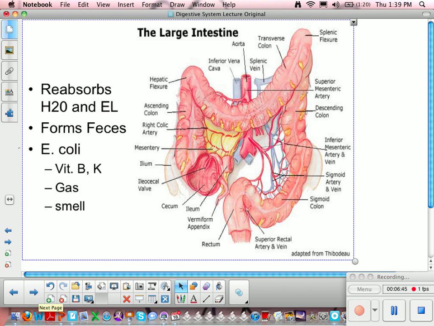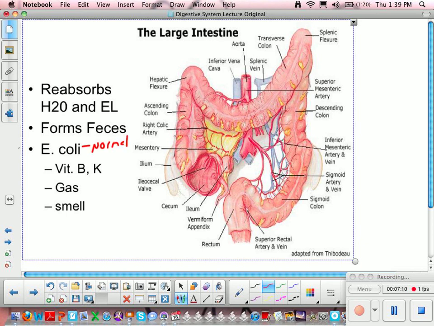The large intestine is made up of several sections also, but the large intestine is where we absorb and reabsorb water and electrolytes. It's where we form the feces. Large intestine has a normal flora of E. coli.